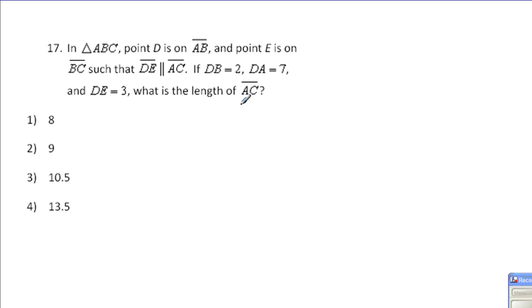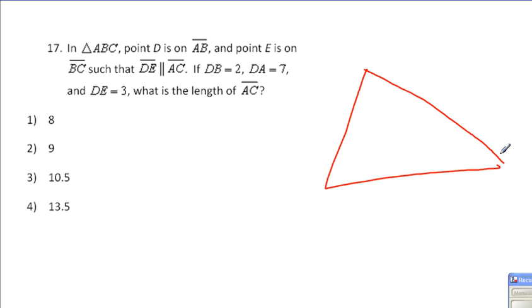Alright, so here we have to draw the picture. In triangle ABC, E is the point on AD, such that DE is parallel to AC.